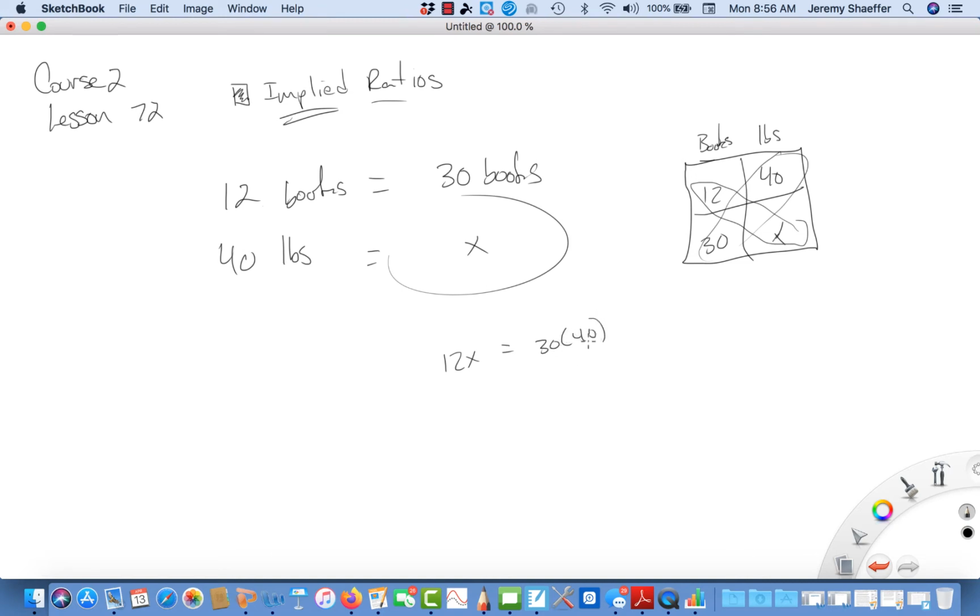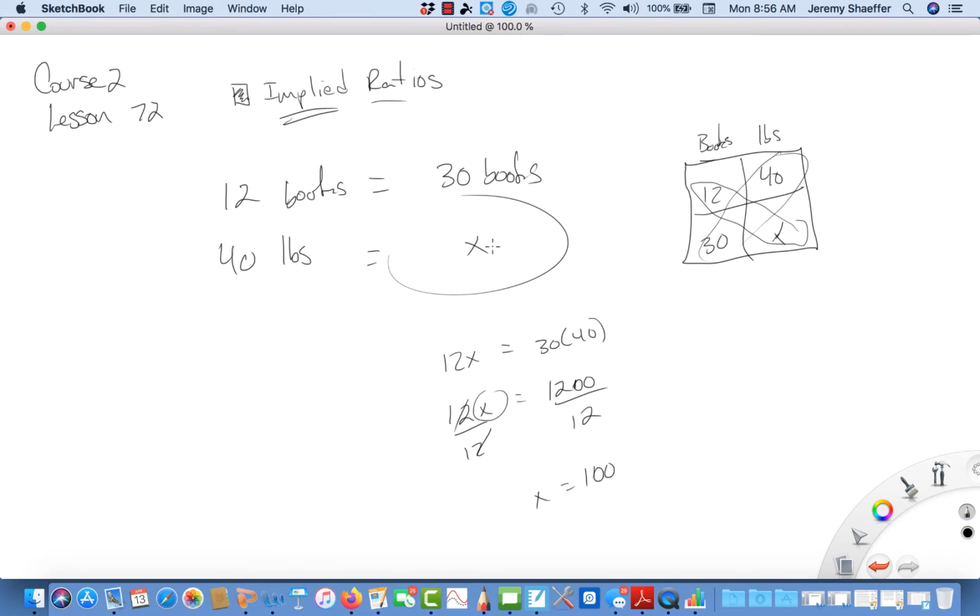All right, so when you have something like this, first of all, I want to do 30 times 40, which is going to equal 1200. So let's go 12x equals 1200. And we're going to divide by 12 so that we can cancel it off and we're left with x here, which means that x is going to equal 100.